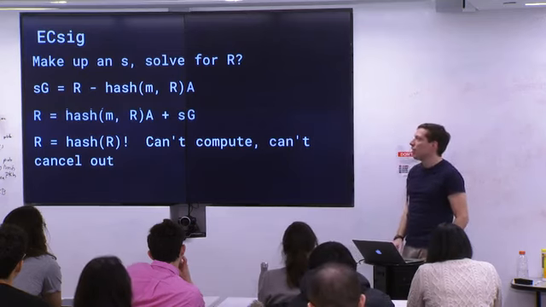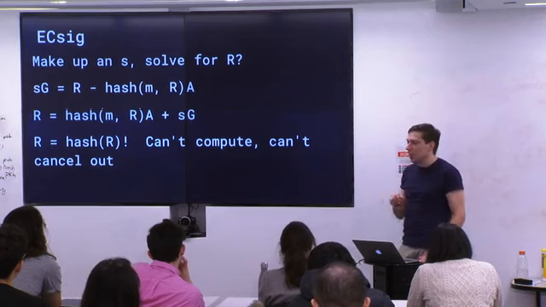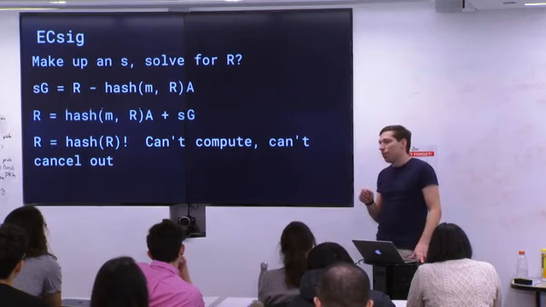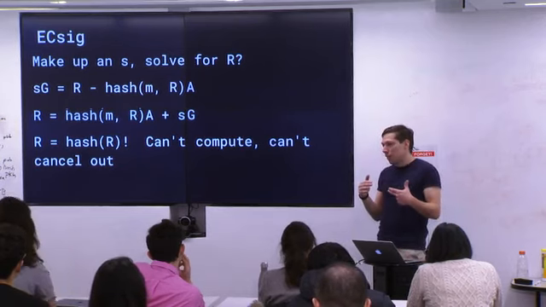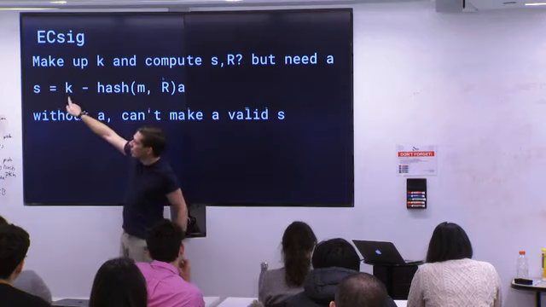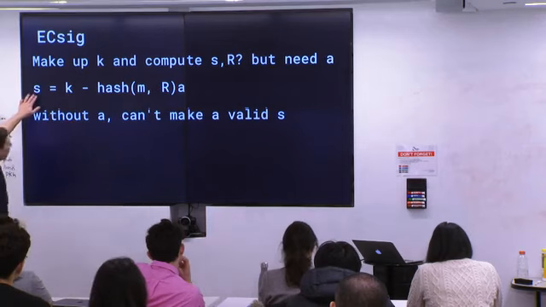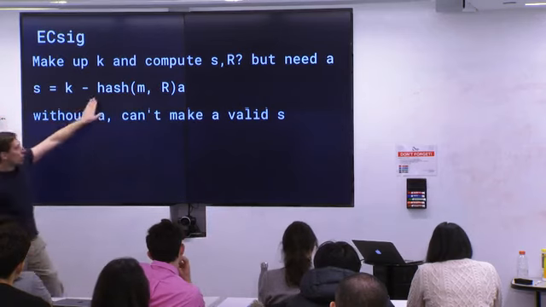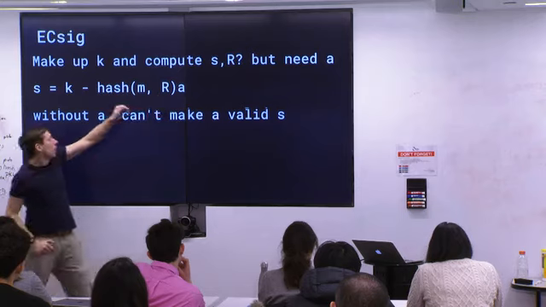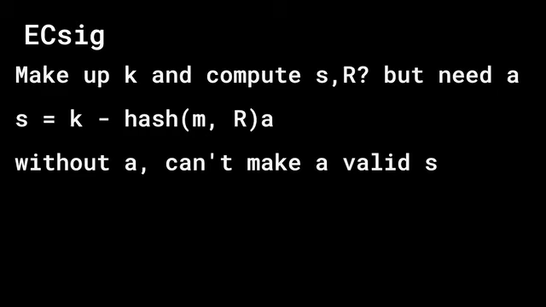If you look through the equation, you'll see that if you have two of the same K's with different S's, you can solve for K, and then once you solve for K, if you know what K is, you can find what little a is, right, as a verifier. You can say, well, I know you gave me S, that's part of the signature. I know this whole coefficient. If I know K, I can solve for little a by dividing this out. So always use a new K value.